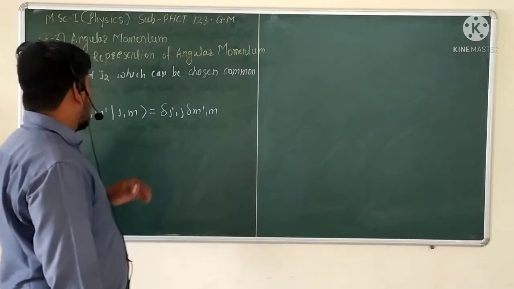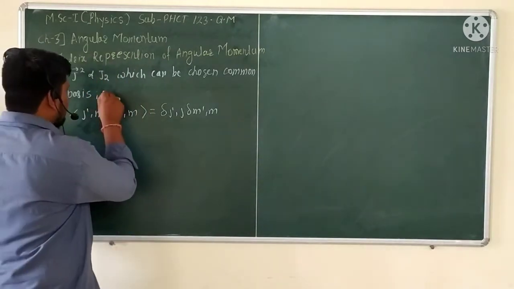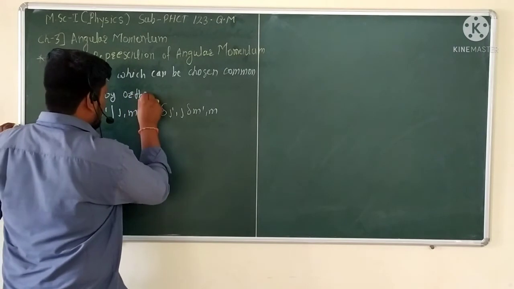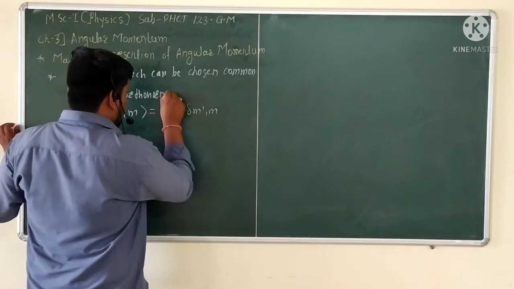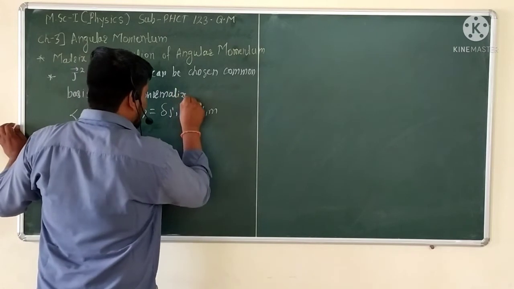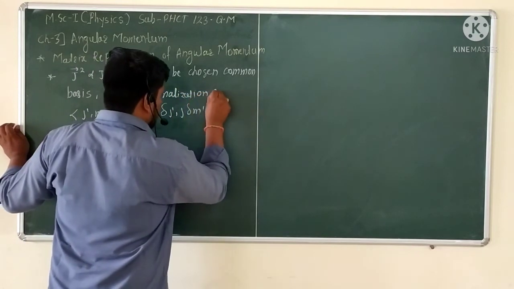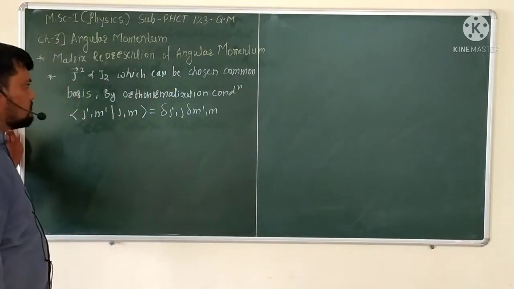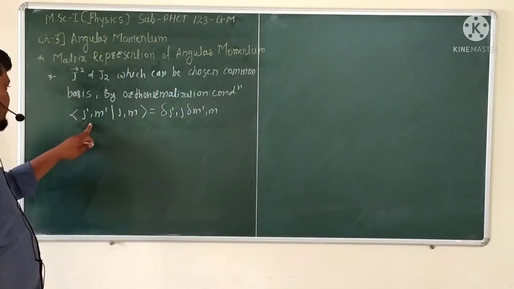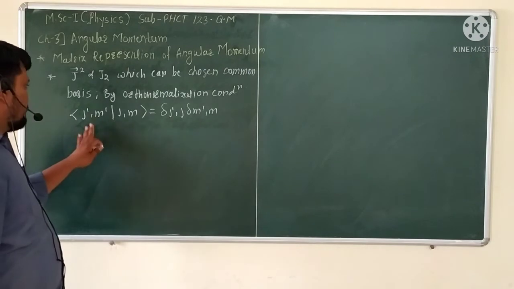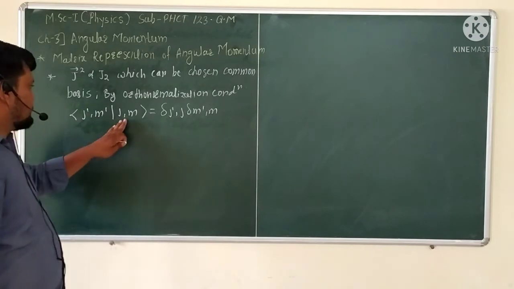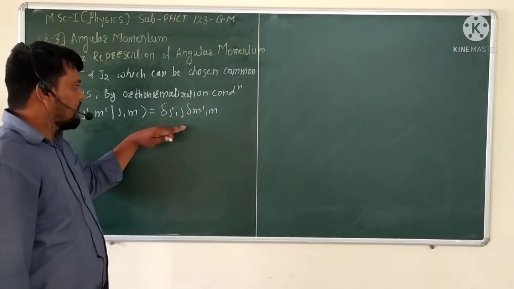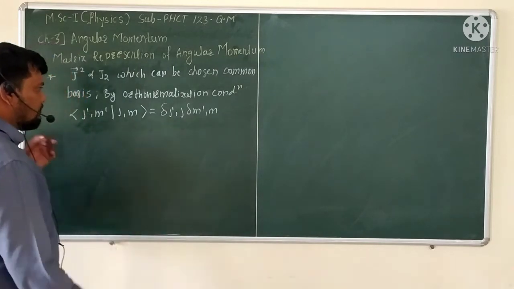So bra j prime m prime, ket j m is nothing but delta j prime j delta m prime m.